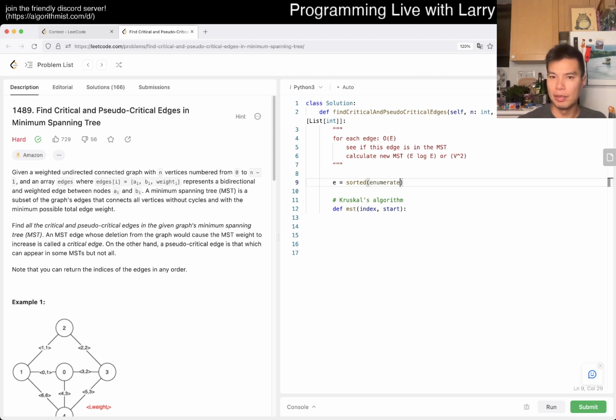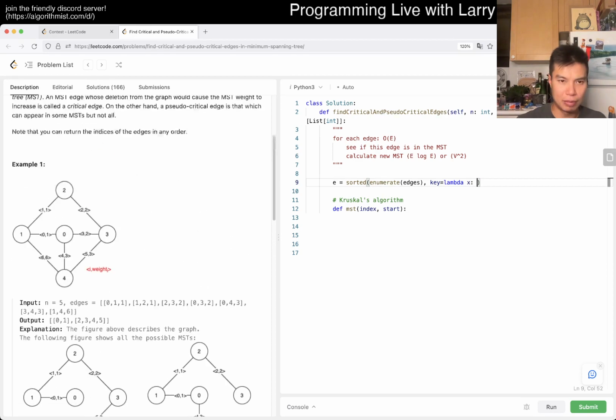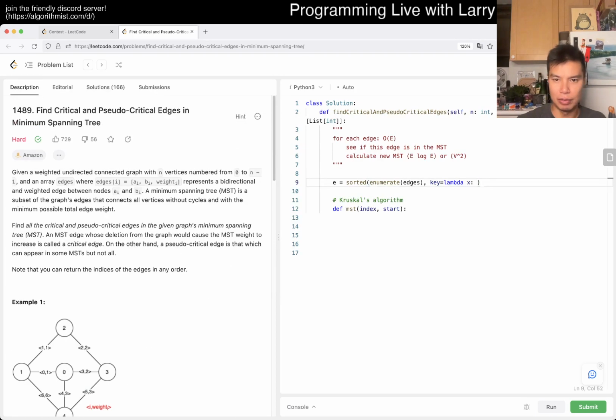We want to enumerate edges, so we want to sort this by the weight. Weight is the third thing, but this is now x of 1 of 3 maybe? Or 2, whoops. 1 because of the enumerate, so that we get the index in this as well.